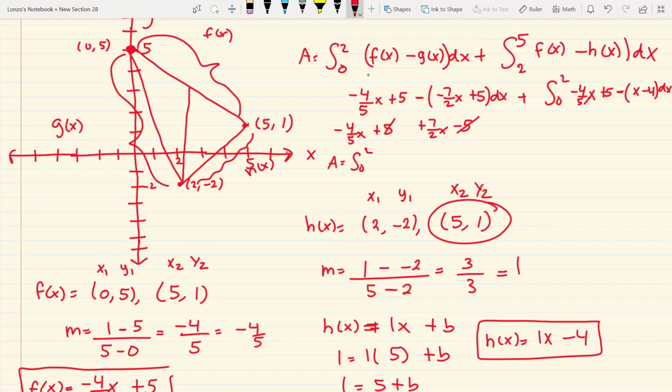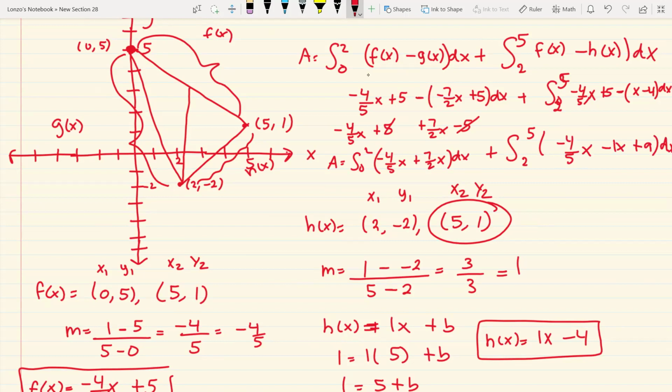So you're left with the integral from 0 to 2 of negative 4/5 x plus 7/2 x dx plus, oh, this should be 2 to 5. And then if you clean it up a bit, it would be negative 4/5 x minus 1x plus 9 dx.